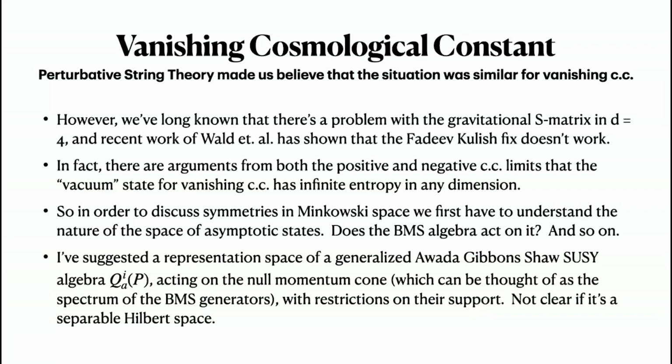I always used to think that Faddeev and Kulish had solved the problem in 4 space-time dimensions. Recently, Wald and his collaborators have cast doubt on that, and a lot of people I know agree with them.